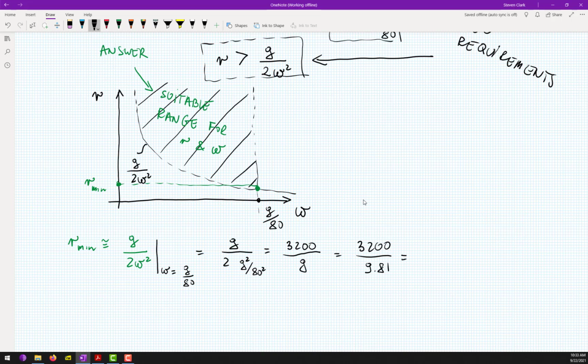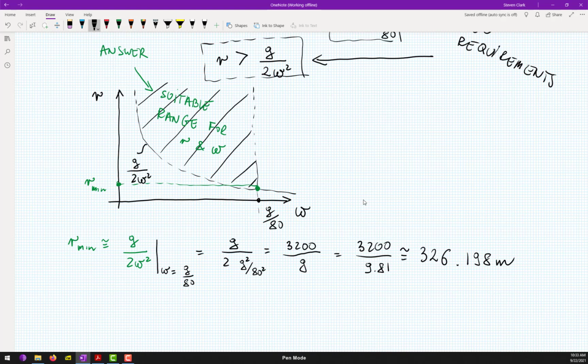And if you grab your calculators, this will be approximately 326.198 meters.